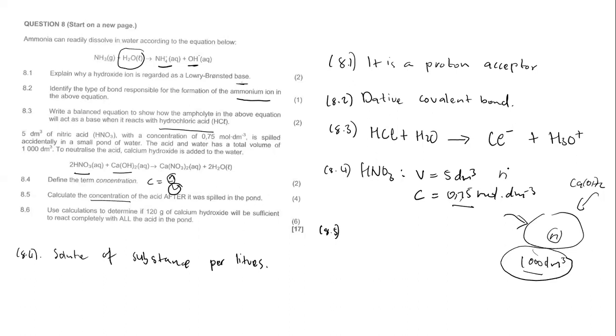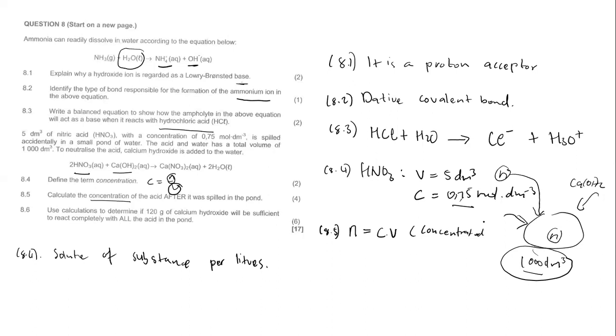So you're going to have to calculate the number of moles first here, and we're going to plug those moles here to determine the new concentration under this high volume. So let us do it. Let us determine the number of moles first. The number of moles is going to be C multiplied by V.